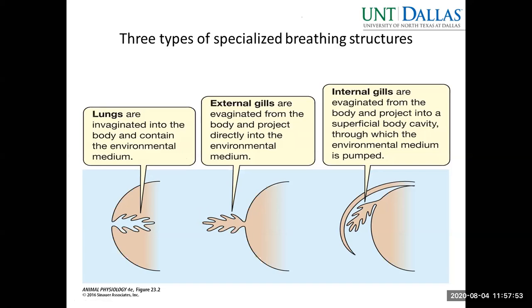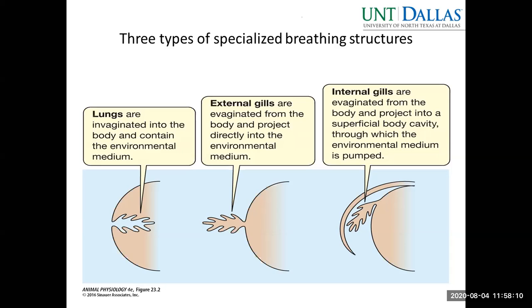Internal gills are enclosed within a superficial body cavity, whereas external placement permits ambient water currents to flow over the gills. Internal placement usually requires an animal to use metabolic energy to ventilate them.